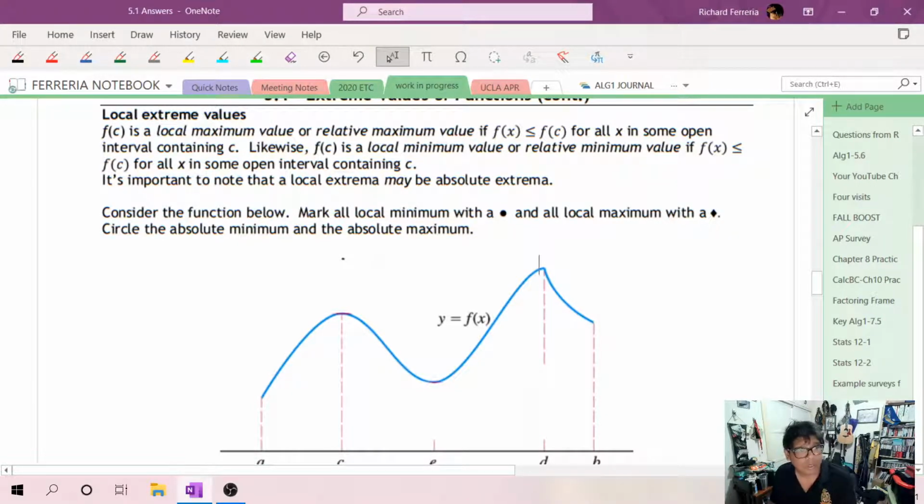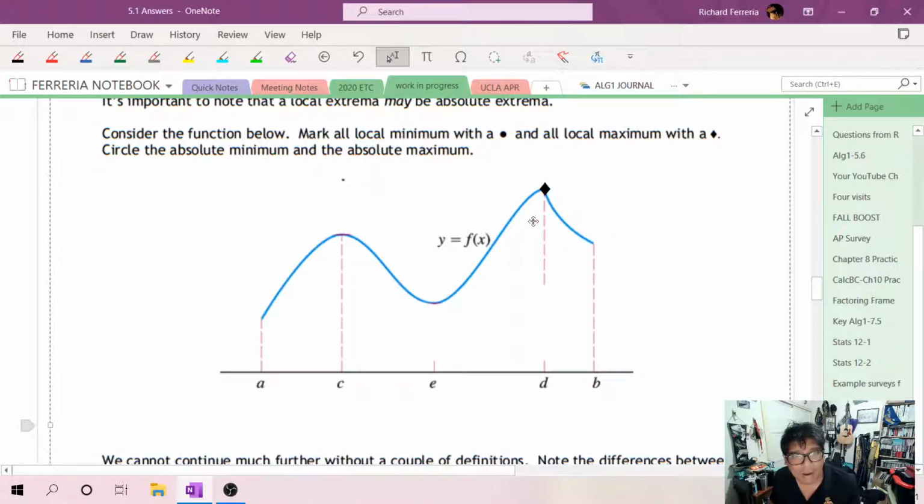So let's take a look at the first one. There's some marking rules here, which I'm just not going to really talk about. Over here, we have a relative maximum, and we call that a relative maximum or a local maximum because any interval that contains that diamond location is going to have that as the maximum of that interval.